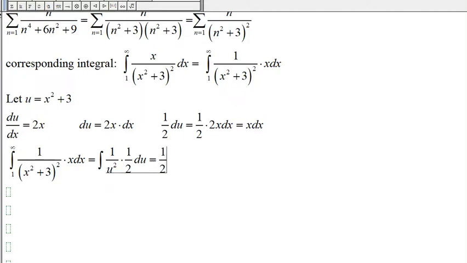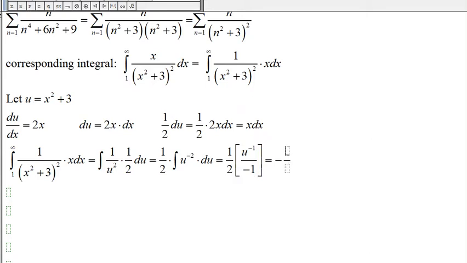So this is equal to 1/2 times the integral. And then 1 over u squared, we can rewrite as u to the negative 2. Antiderivative, so add 1 to the exponent, and then divide by negative 1.